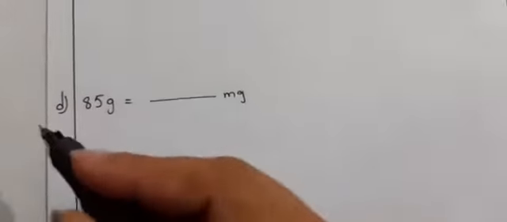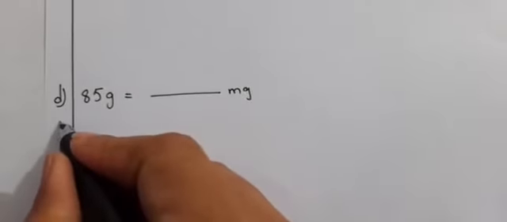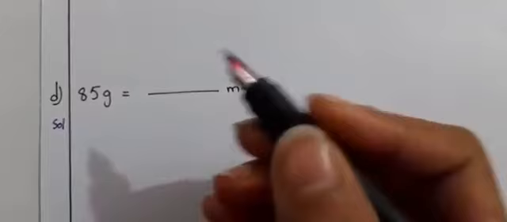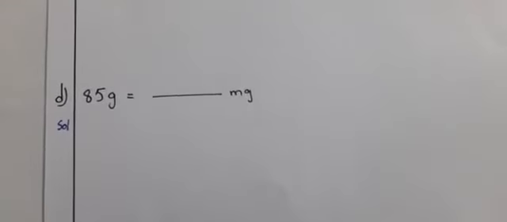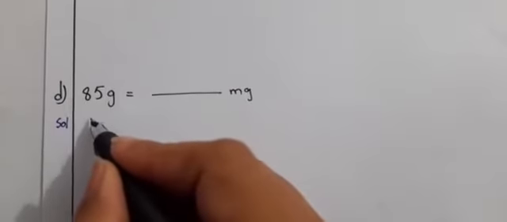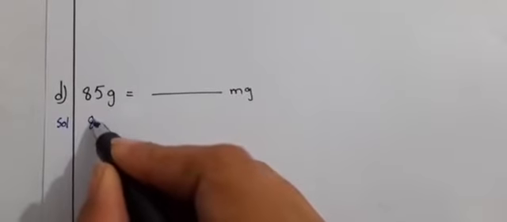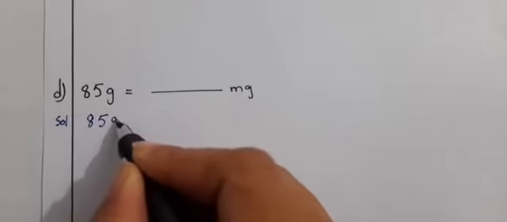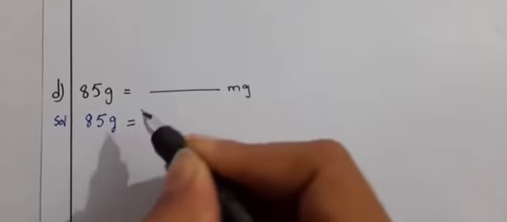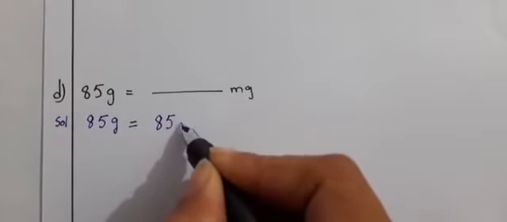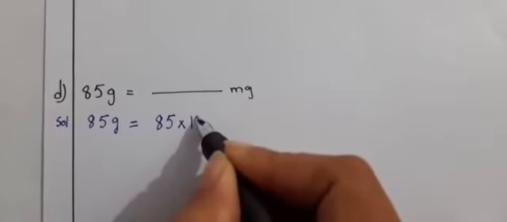After doing part C boys, we will move toward part D, and part D is 85 grams equals to dash milligrams. Here boys we have to move from bigger to smaller, so we are supposed to multiply it with 1000. So in the solution I will write 85 grams, and now 85 will get multiplied with 1000.